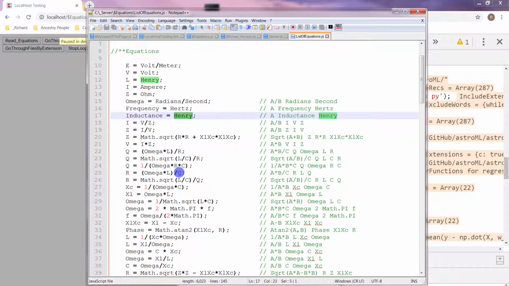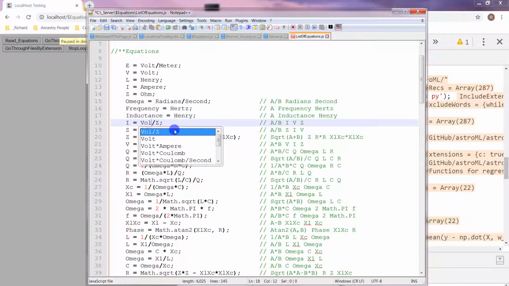What I would rather do, what I'm actually doing, this is what comes from the thing, but I would come in here and I would say, this is volt, and Z is impedance.